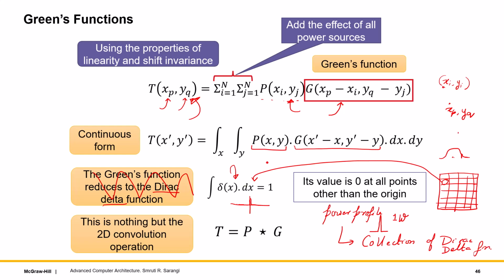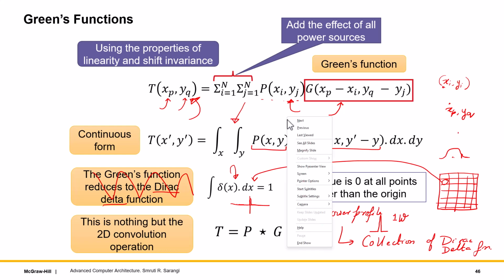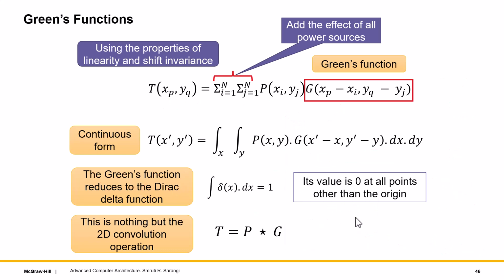All right. So what you see over here is that the moment I assume that my power source is a collection of these very small functions, that is essentially also how we came from here to here. This was a simple summation. But the moment you go from a summation to an integral, it basically means that your grid size is getting very, very small.